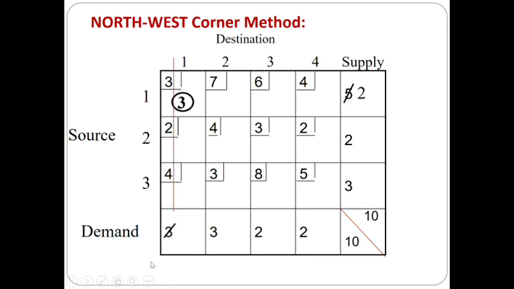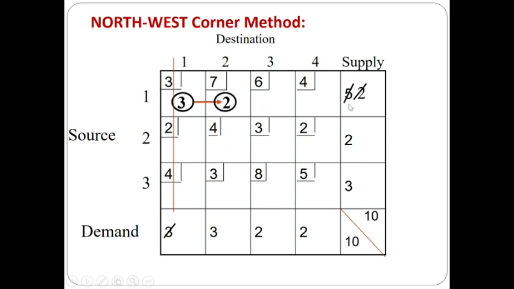Then we move on to the next northwest corner cell. In the remaining matrix, the next northwest corner cell is this one. We have to allocate as much as possible here. The supply is 2 units and the demand is 3 units here, so we can allocate a maximum of only 2 units.